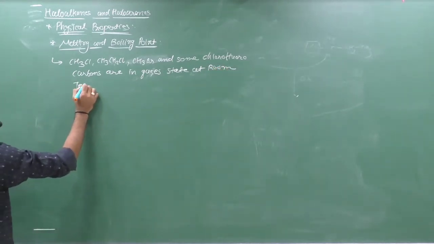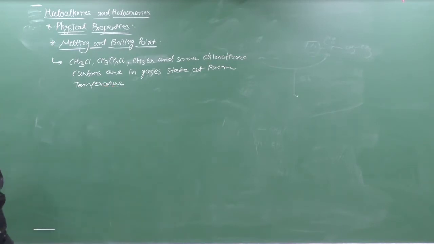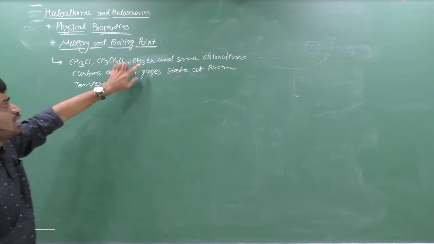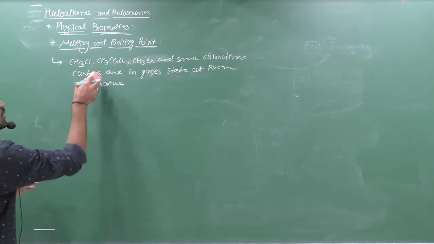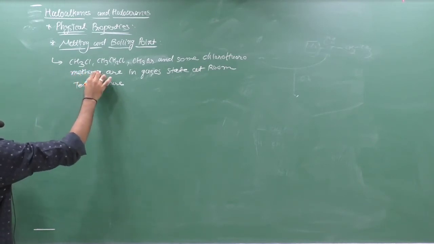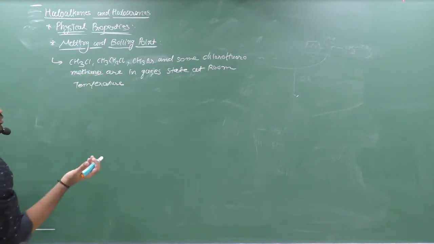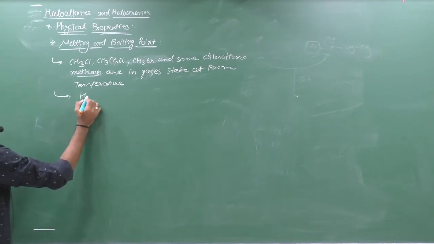That is the main point. Clear? Methyl chloride, ethyl chloride, methyl bromide and some chlorofluorocarbons, or methanes containing one carbon. It doesn't matter much, but we can specify they are in gaseous state at room temperature. Higher ones are liquids and solids.